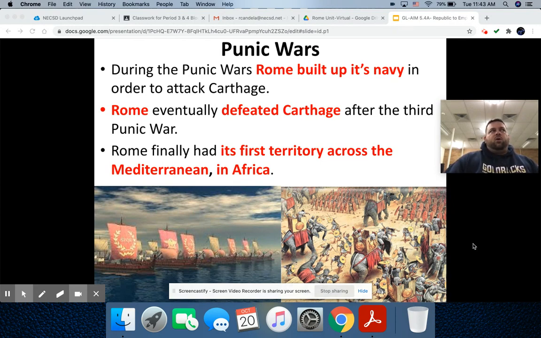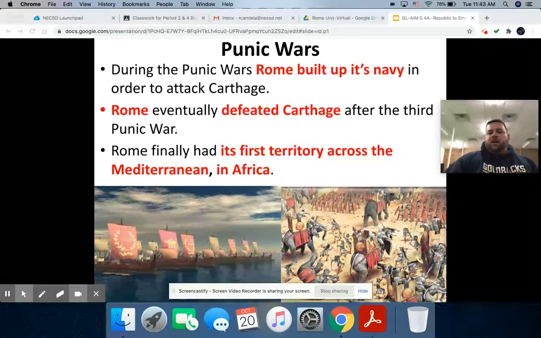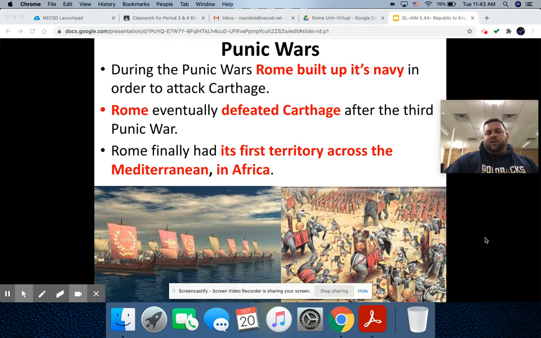Rome going to war in northern Africa against Carthage was an interesting thing because Rome was seeing things for the first time that they had never seen before in their lives. You can see in the picture down here on the bottom right, there's a depiction of the Carthaginian army with war elephants. They actually deployed elephants in war.